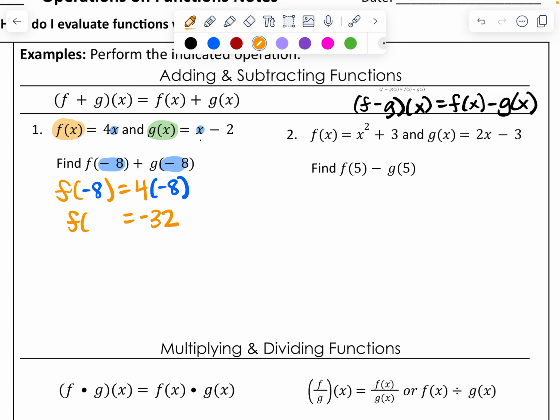So f of negative 8 is negative 32. Now let's evaluate g of negative 8. So g of negative 8 equals negative 8 minus 2. Negative 8 minus 2 is negative 10.